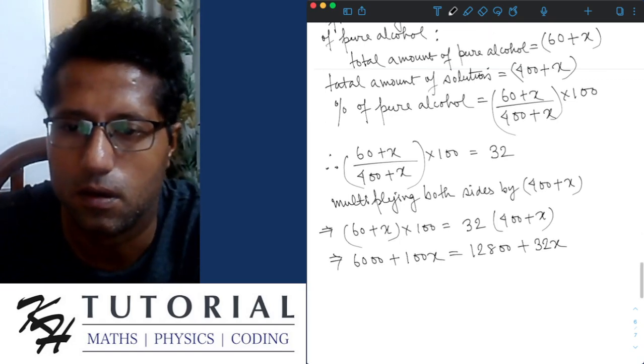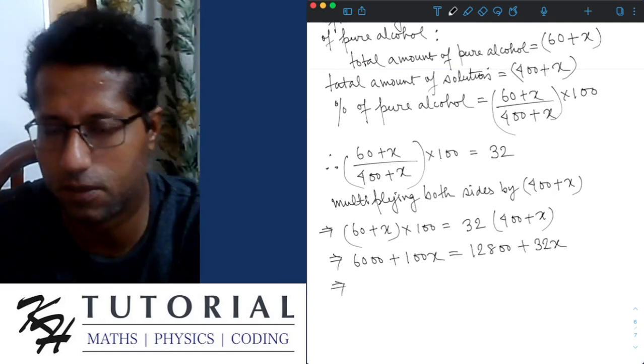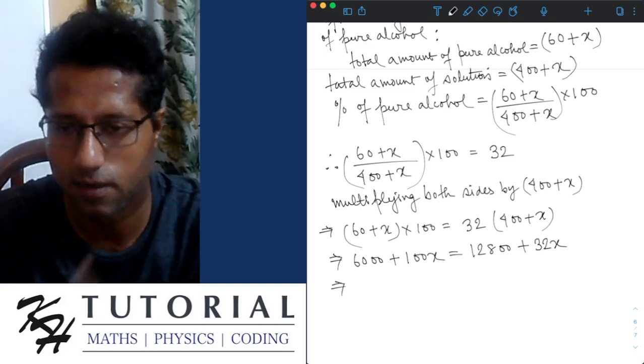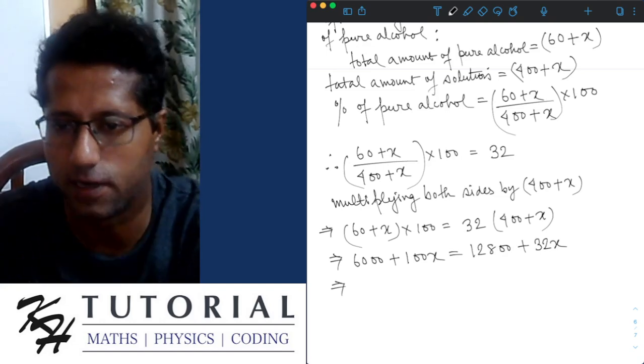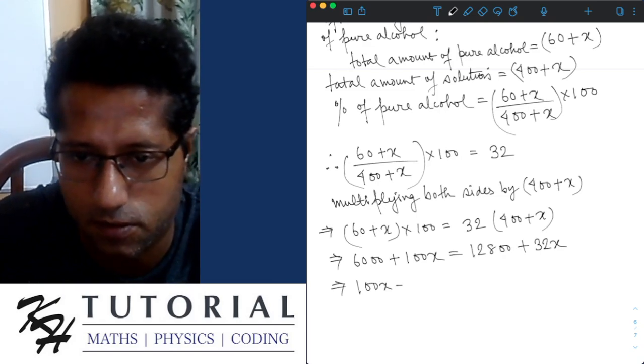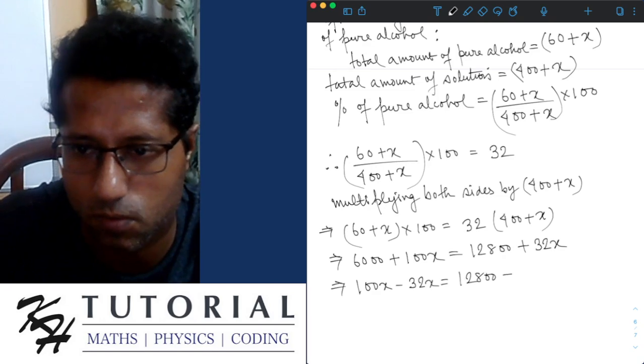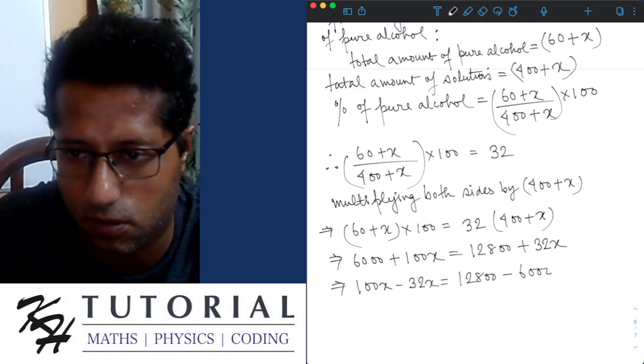Now we will bring all the variable terms to the left hand side, and all the constant terms to the right hand side. So that becomes 100x minus 32x equals 12800 minus 6000.